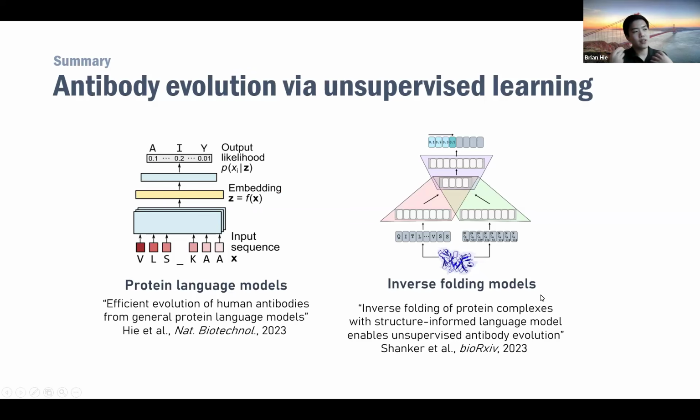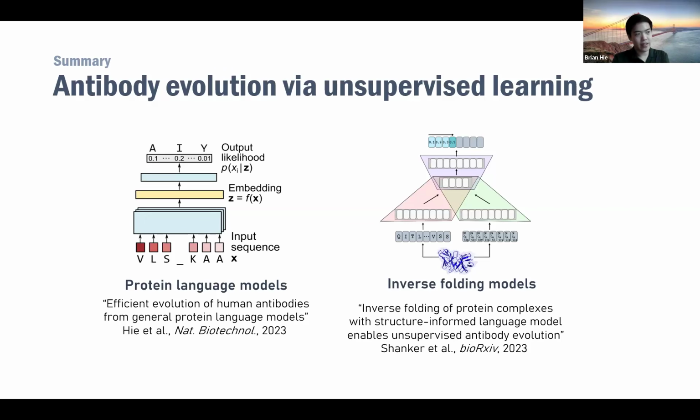We also have these inverse folding models that learn the probability of protein sequence given structure. And in both of these cases, we can use them to affinity mature antibodies and guide antibody evolution in an unsupervised way. The benefit of the protein language model is that it just requires the sequence of the antibody alone.